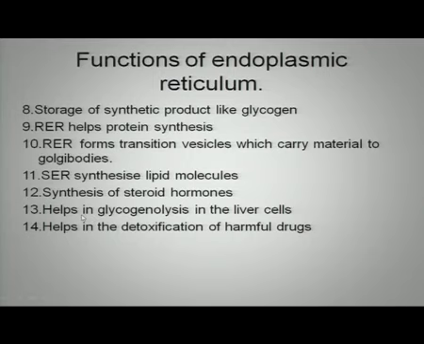They help in glycogenolysis. You know lysis means breakdown. Glycogenolysis is the breakdown of glycogen into glucose, and this happens in the liver cells. It is a mechanism to maintain the blood sugar level. Now, it also helps in detoxification of harmful drugs.